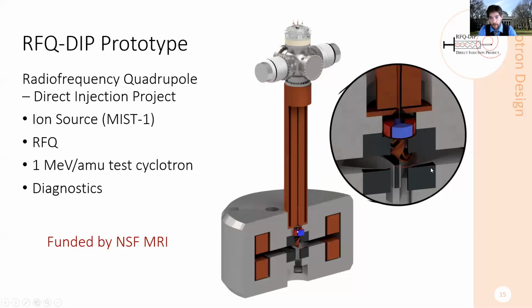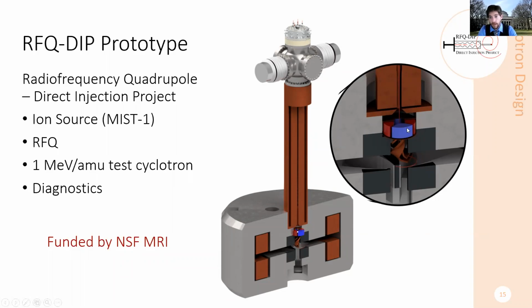We also will have, of course, diagnostics to understand the beam dynamics inside the cyclotron, to show that vortex motion really starts to happen at these low energies, and we'll also measure the beam current and the bunch lengths, etc. One thing about RFQs is that bunches coming out of the RFQ tend to immediately start diverging in the transverse directions.